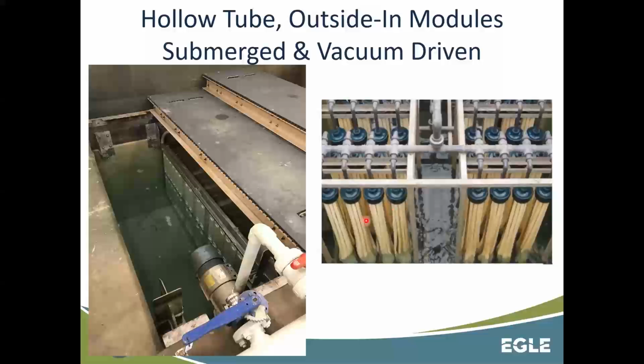You can see here you have kind of the same thing, but there's not the pressurized vessel around it. These are just suspended in raw water. And then there's a pump that creates a vacuum that pulls up from the inside of all of these fibers, basically sucking it through that way.